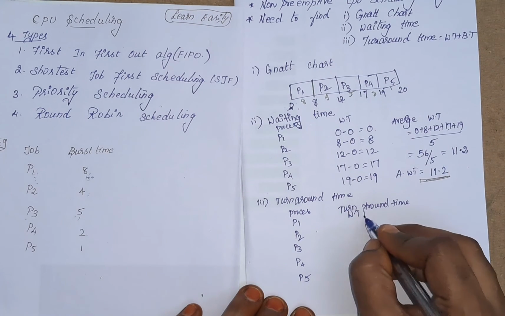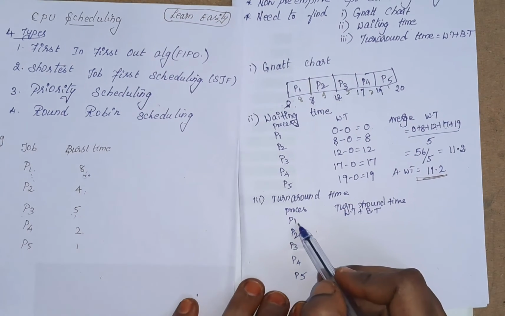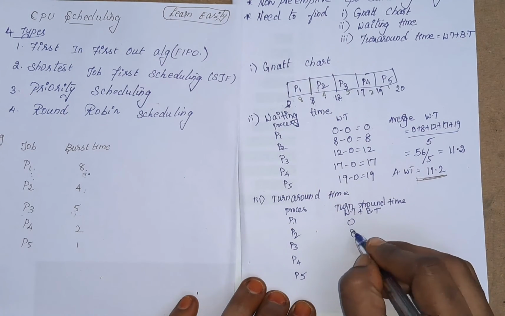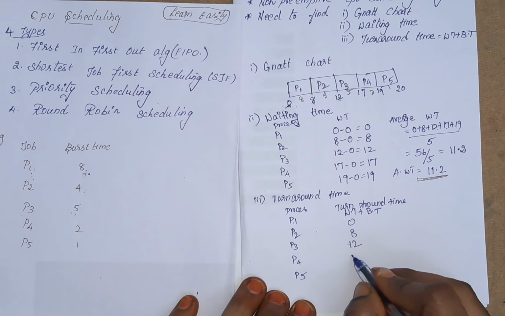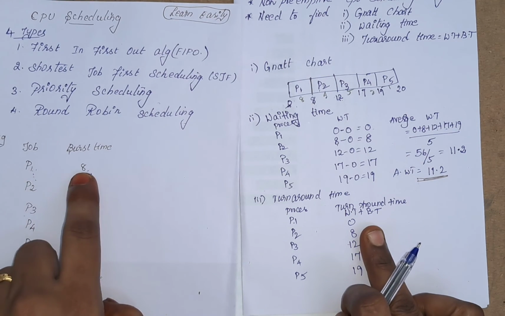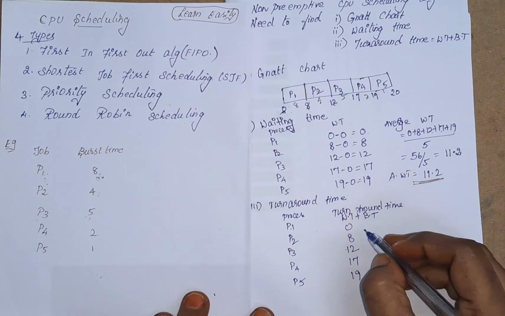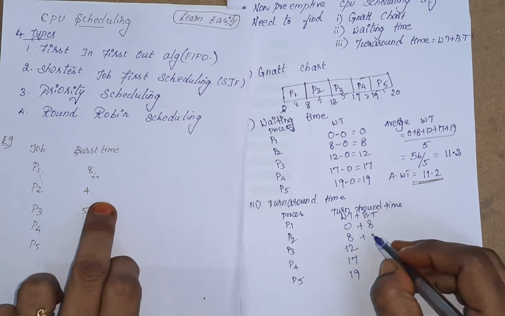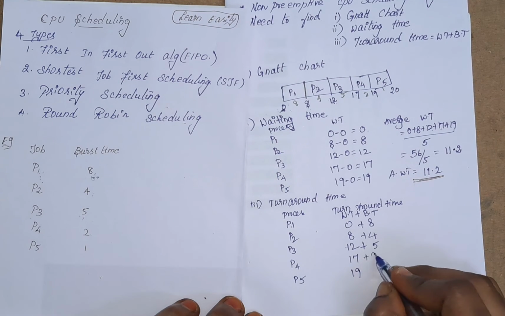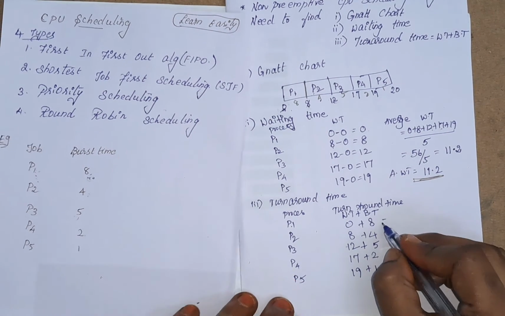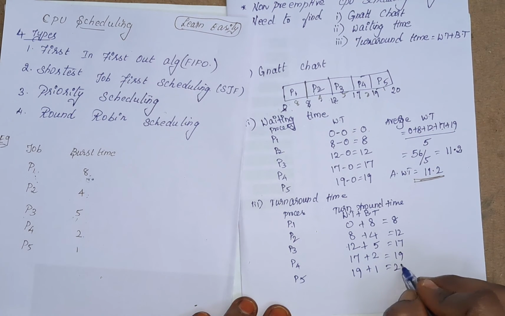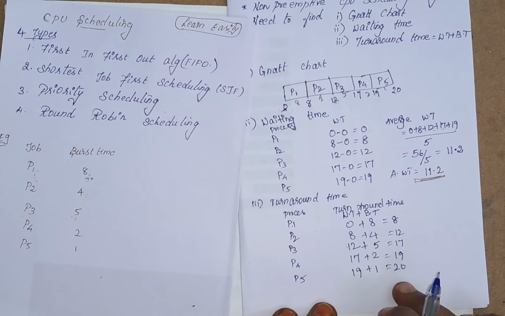The waiting times are 0 for P1, 8 for P2, 12 for P3, 17 and 19. The burst time is the time taken by each process: 8 for P1, 4 for P2, 5 for P3, 2 for P4 and 1 for P5. So the values are 8, 12, 17, 19 and 20. This is our turnaround time for each process.